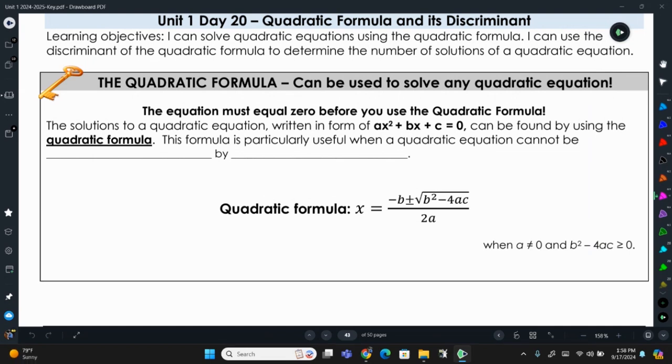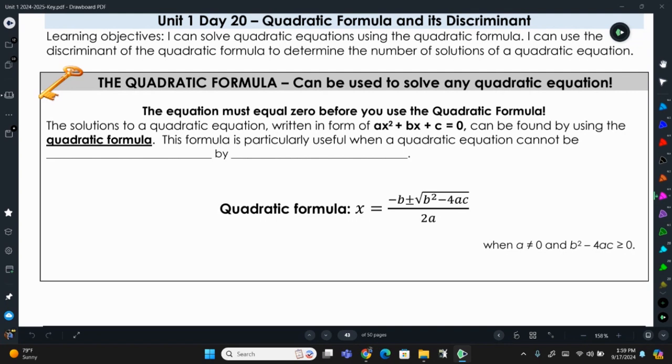So the ones that we factored, we were able to solve by factoring because factoring worked for that specific problem. But for other problems we couldn't factor, we had to use a different method or this quadratic formula. That doesn't mean that there are equations that can only be solved by factoring but not by quadratic formula.